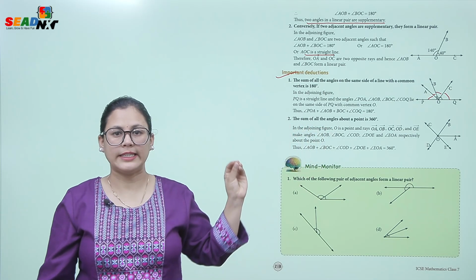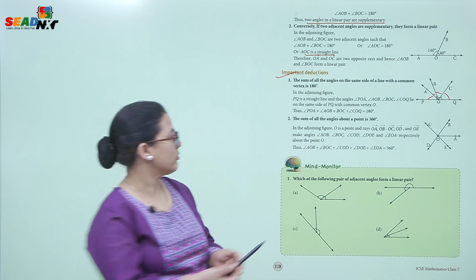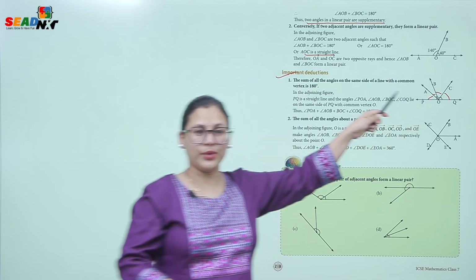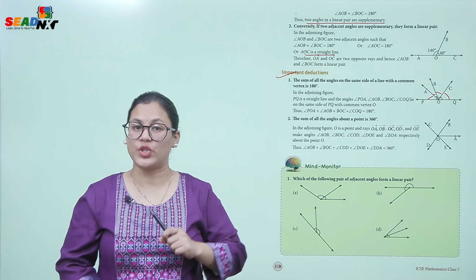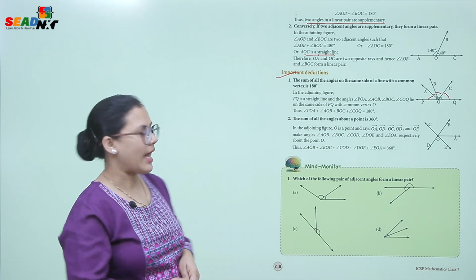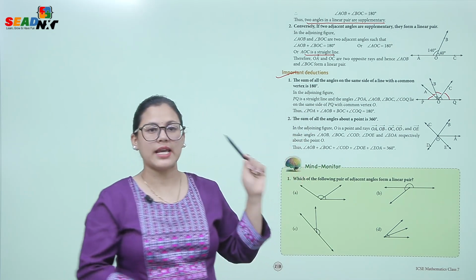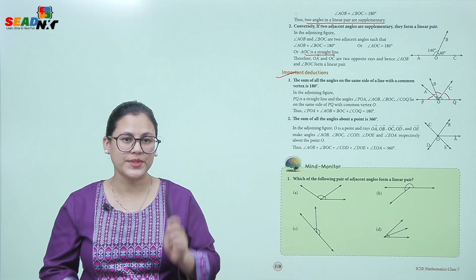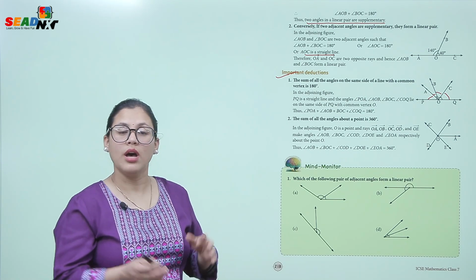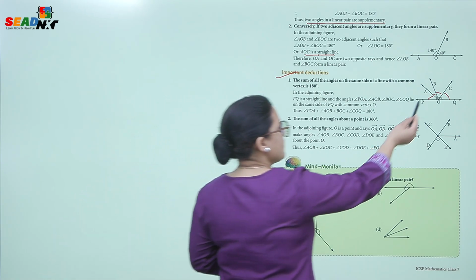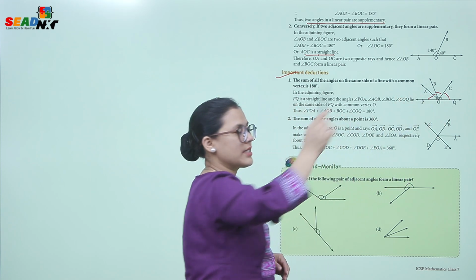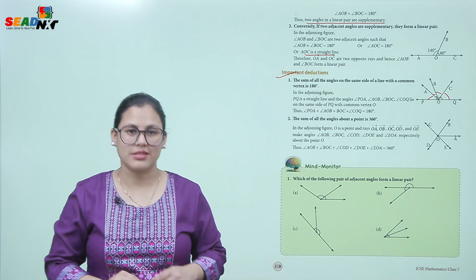Look carefully. These lie on the same side of PQ with common vertex O. Thus, angle POA plus angle AOB plus angle BOC plus angle COQ is equal to 180 degrees. It means the sum of all these 4 angles is 180 degrees.